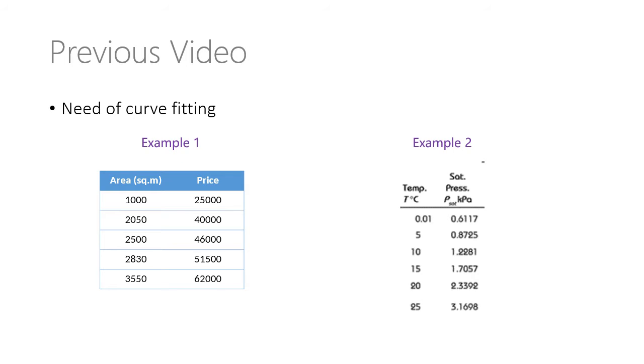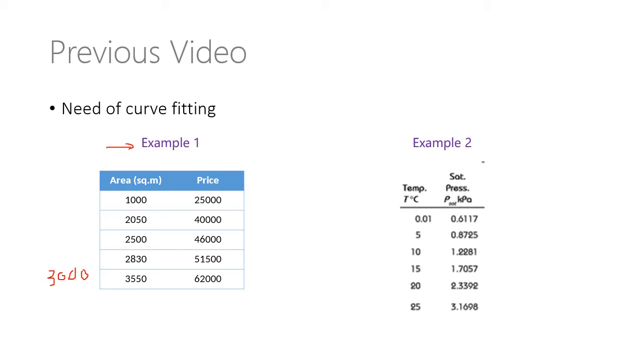In the previous video, I talked about the need of curve fitting, and to understand the need, we took help of two different examples. Example 1 was about predicting the house prices, and for that, some past data on house prices was available, and we wanted to find out the price for an area of 3000 square meters.